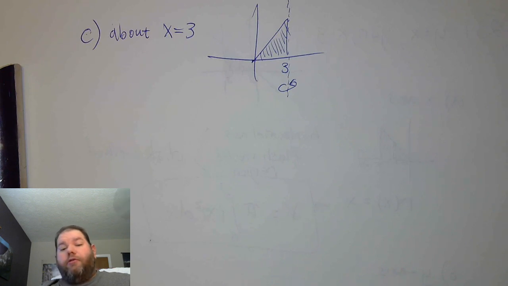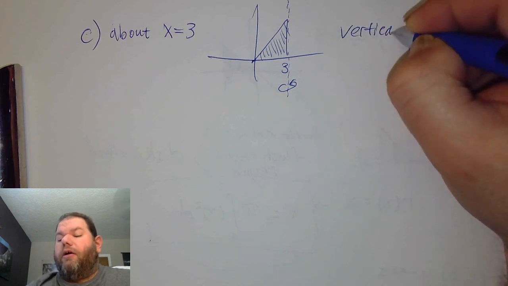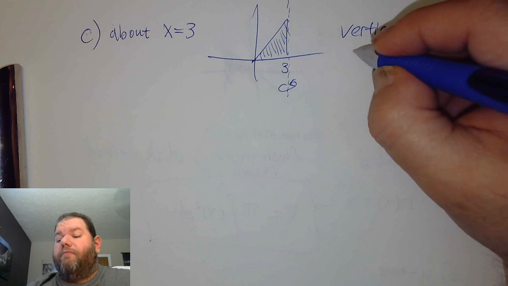Now with this vertical axis, once again, axis is going up and down, we're going around that. We want to use our shell method to find the volume.